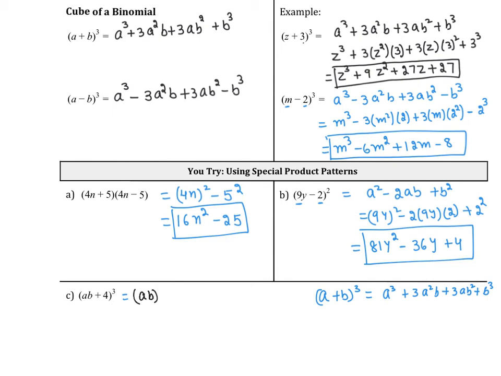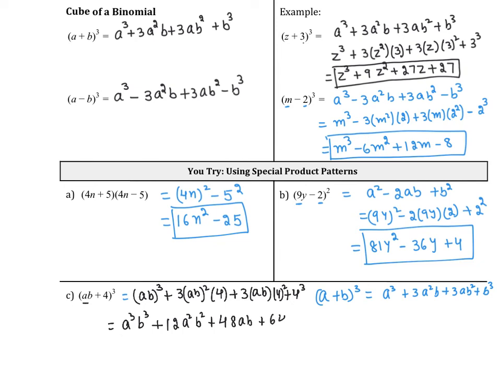So a cube plus 3 times a, so a is ab, square times b plus 3a times b square plus b cube. So it's going to be a cube b cube plus 12a squared b squared plus 16 times 3, 48 ab plus 64. So that's going to be your final answer.